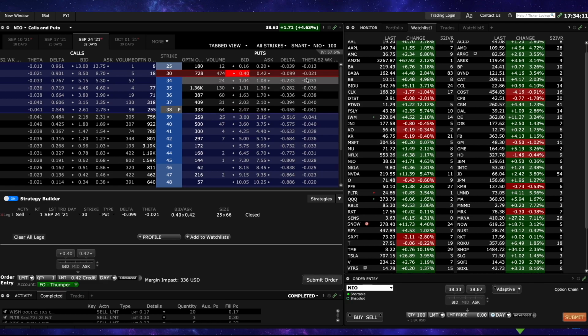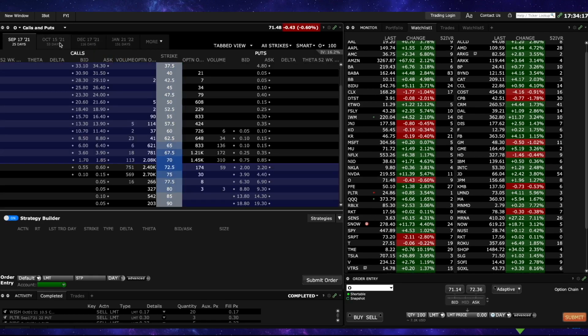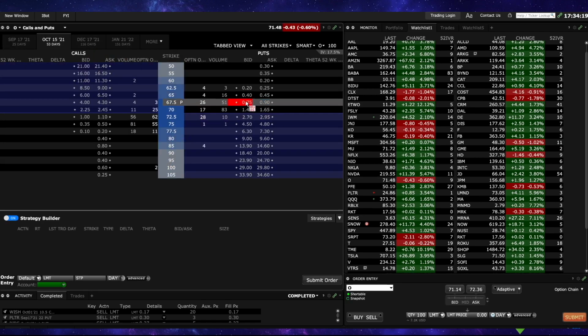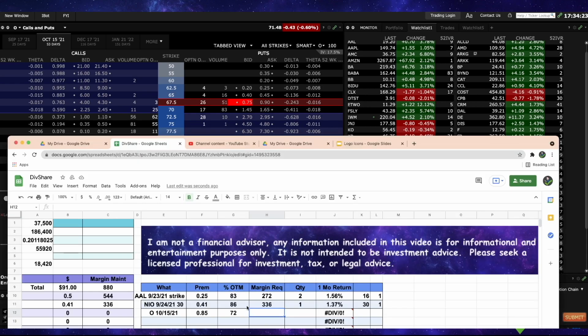Let's go ahead and switch to O over here, find out what the margin maintenance is. October, click sell. Margin maintenance 113. I'll do one on that. 67.5.